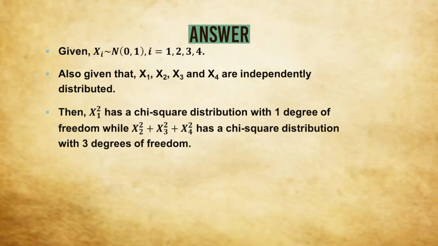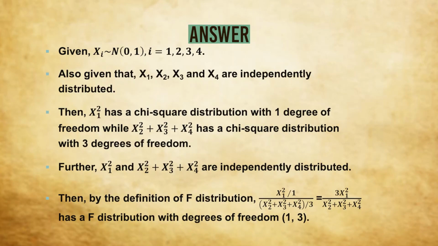Now, clearly since x1 follows normal 0, 1, x1 square will follow a chi-square distribution with 1 degree of freedom. Similarly, as we have seen in the earlier situations, x2 square plus x3 square plus x4 square, being the sum of squares of 3 independent standard normal variates, will again follow a chi-square distribution with 3 degrees of freedom.